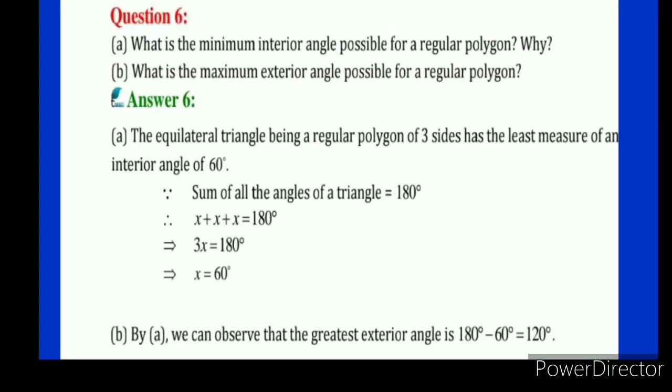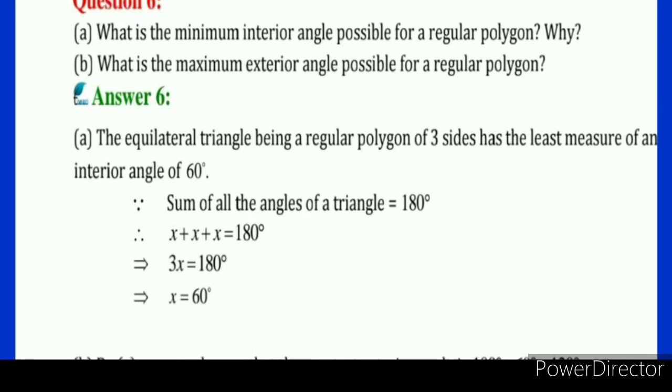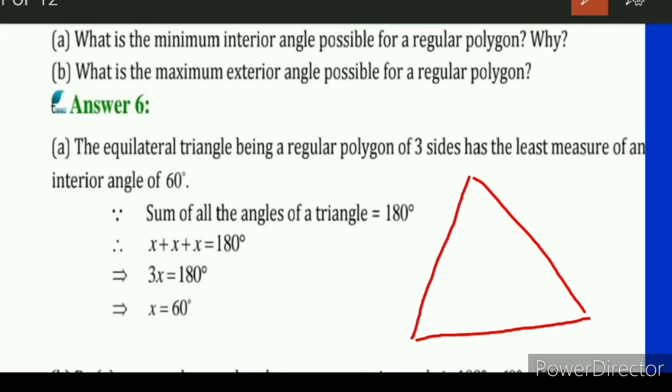Last question of this exercise. What is the minimum interior angle possible for a regular polygon? Which is the minimum sided regular polygon? It is an equilateral triangle, in which all angles are equal. Each angle measures 60 degrees.